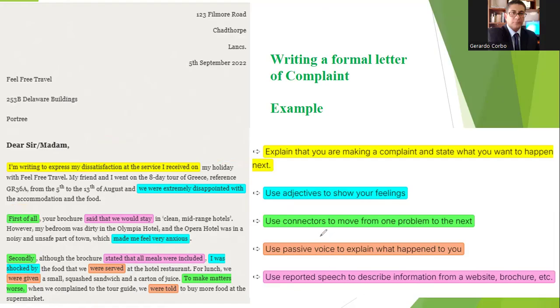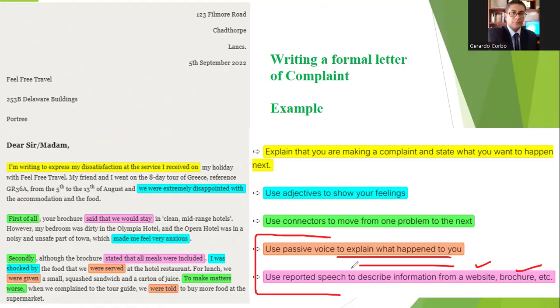When you use passive voice and reported speech, why? Well, it's normally used to explain what happened to you, or to describe information that appears, for example, in an advertisement, on a website, on a brochure, in Instagram. For example, you saw something in Instagram, they were offering some kind of clothes, and then when you receive the clothes, it's not the same thing.